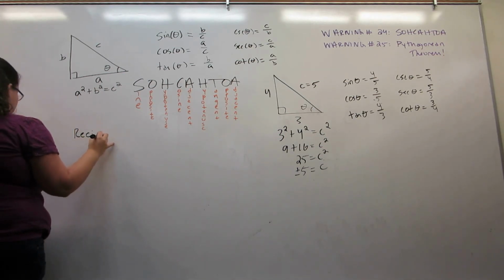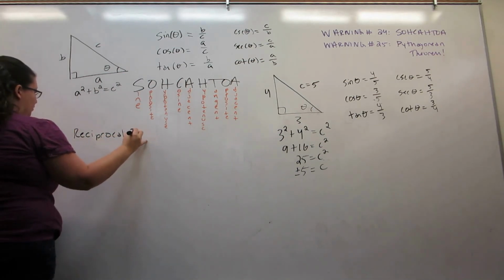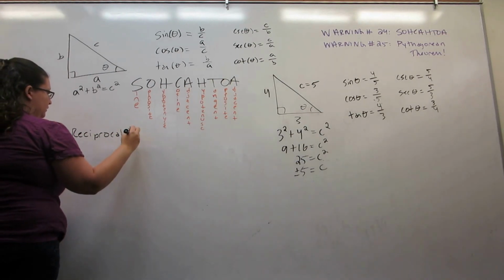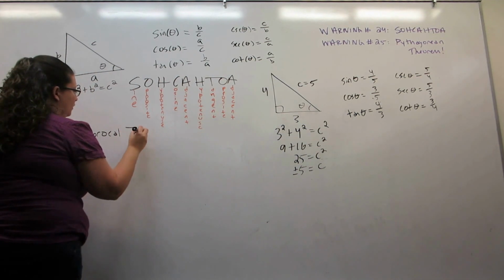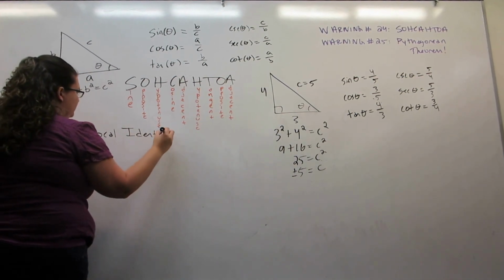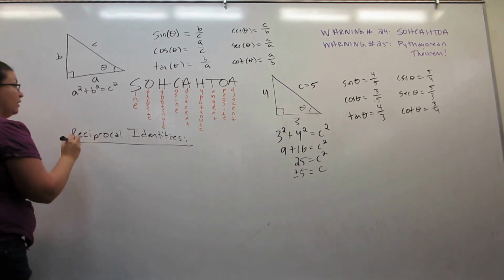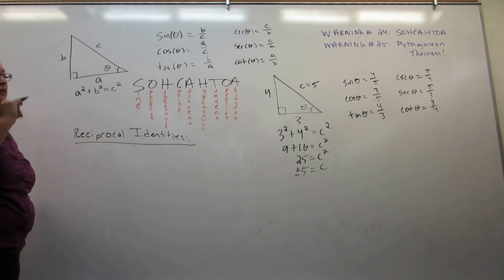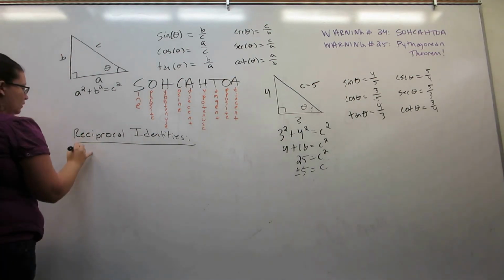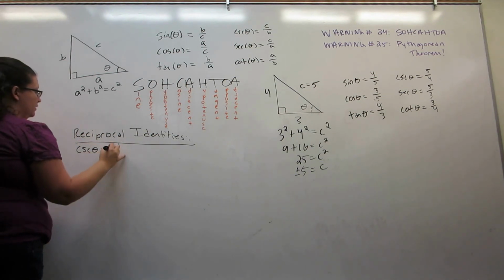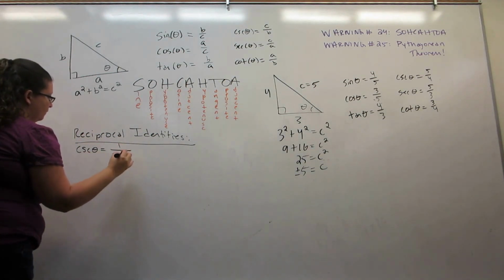First of all are the reciprocal identities. And this is what we used when we found cosecant, secant, and cotangent. So there are 6 of these. Cosecant is 1 over sine.